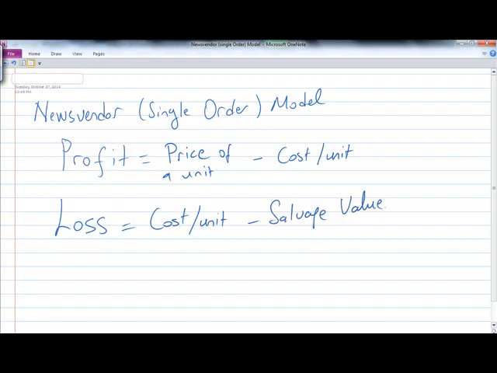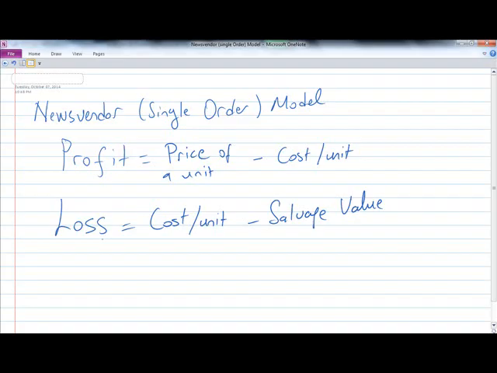What we are trying to do is determine a case where buying more newspapers means you will lose money because you will not be able to sell them, and also finding a number where buying one less newspaper is a missed opportunity to make more money.